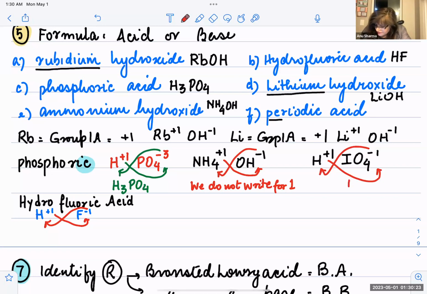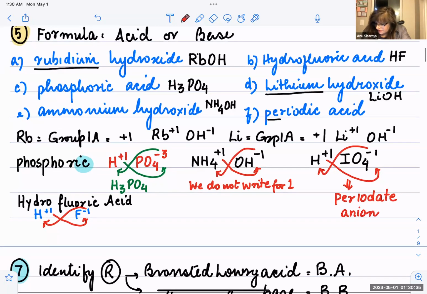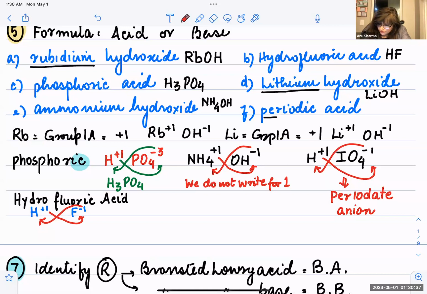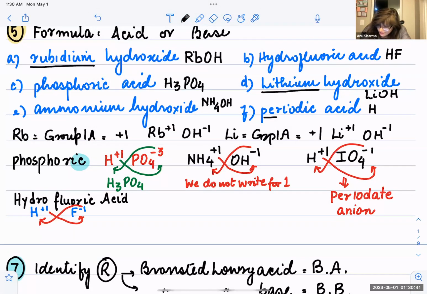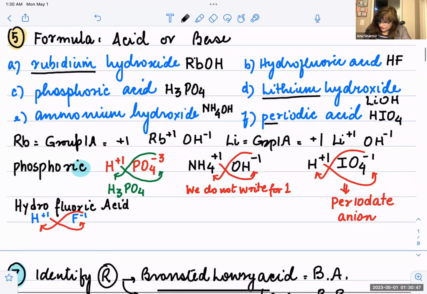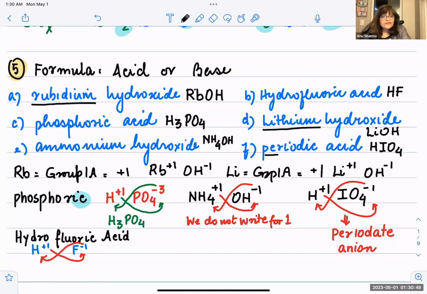This is the periodate anion, a polyatomic ion, and then hydrogen. So this is now HIO4. Okay, so that's how you do the naming and writing the formulas.